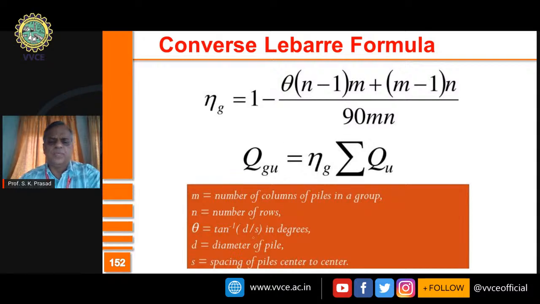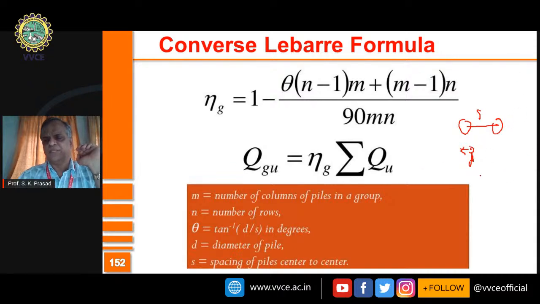Theta is equal to tan inverse D by S, where D is the diameter of the pile and S is the spacing, from here to here. M is the number of piles in a row, and N is the number of rows.